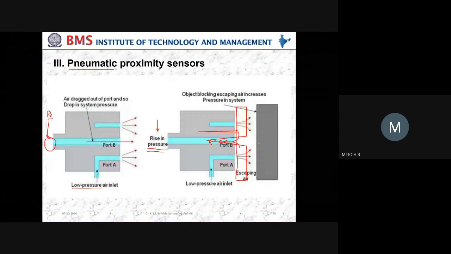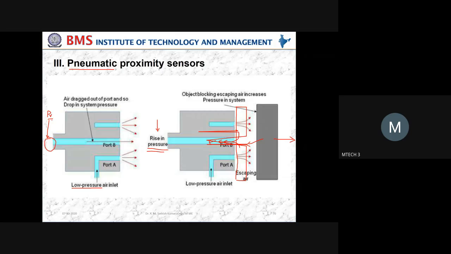If you take this away, the pressure is going to reduce. If you take this towards the sensor, the pressure is going to increase. So the conclusion is that the increase or reduction in the pressure is directly proportional to how close the object is in front of the sensor or in front of the port.